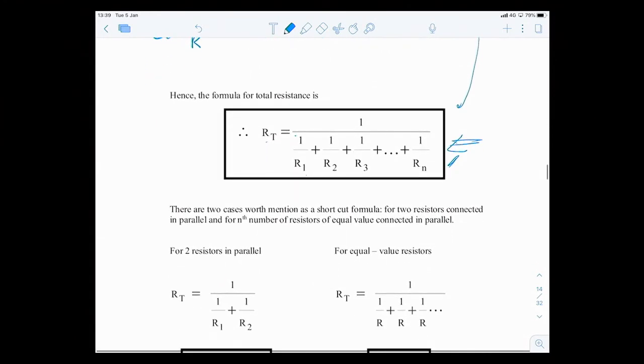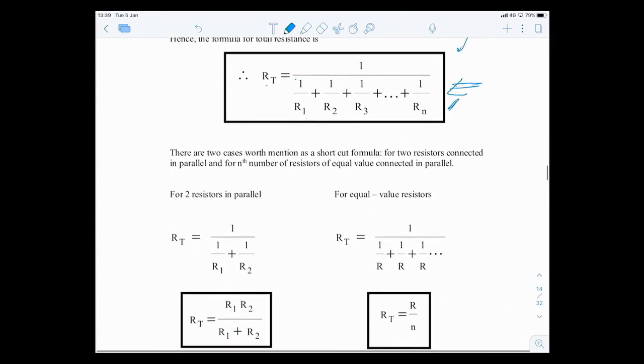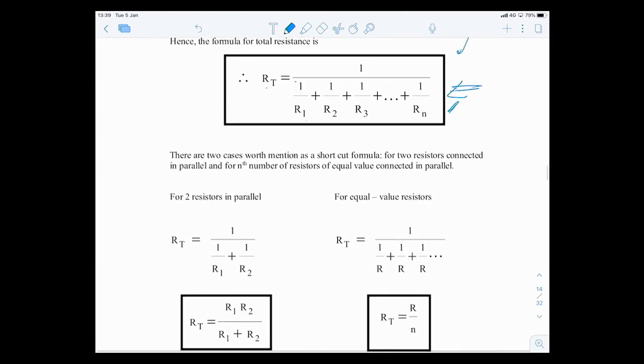Well, there are two special cases that you may want to use. If you know them, it makes you solve your problem faster. If you have two resistors in parallel, R1 and R2, and you want to find R total, you want to combine R1 and R2 together since they are connected in parallel. So you can do this math.